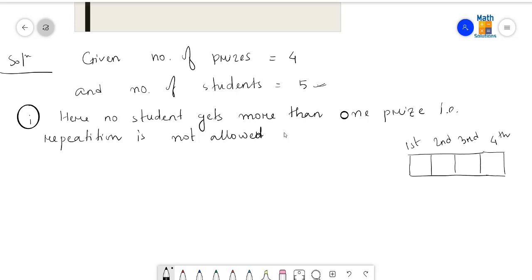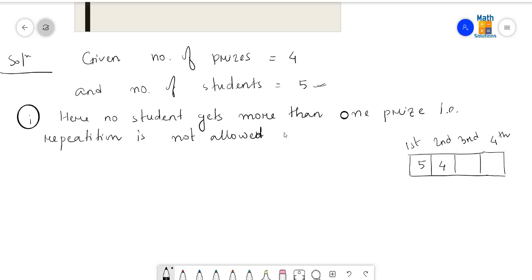So I can put here 5. Since the first prize is already taken away by one student, therefore how many students are left to take the second prize? Of course, there are 4 students left. Then for taking away the third prize, how many students are left? 2 have already got the prizes.